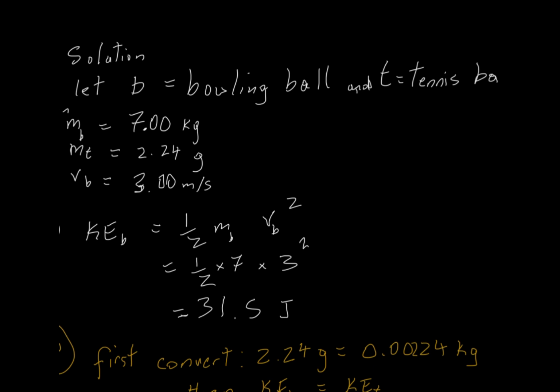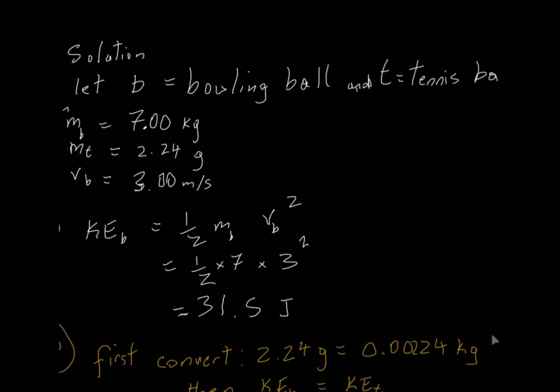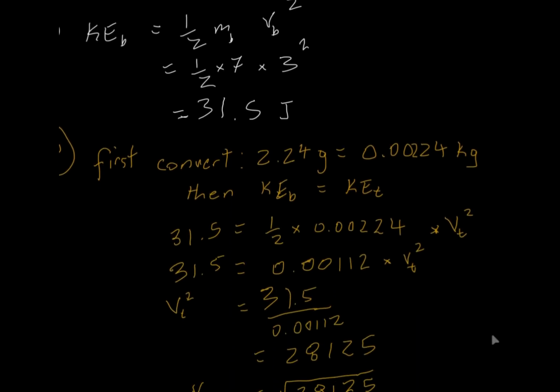Given that the kinetic energy of the bowling ball is equal to the kinetic energy of the tennis ball, then we can substitute 31.5 equals half times 0.00224 times V sub T squared. V sub T here is the velocity of the table tennis ball, which we want to find.